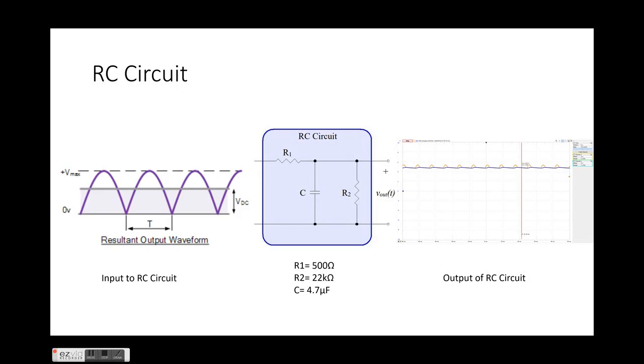For example, all outlets in homes use AC sources, but almost all electronics are DC dependent. So a full wave rectifying circuit with a smoothing capacitor could be a simple solution to solve that problem.